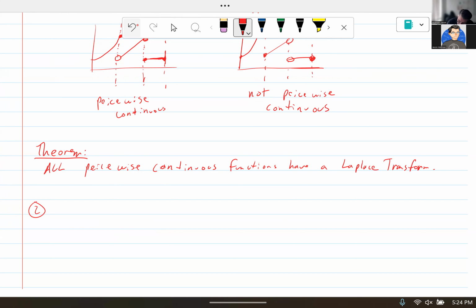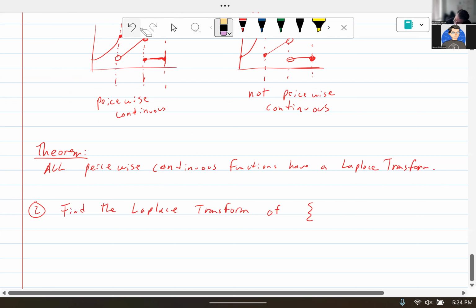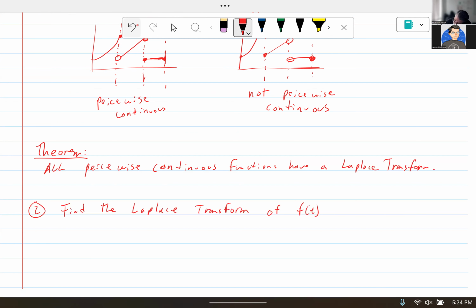Okay, find the Laplace transform of f of t, which is equal to t from 0 to 1, and it equals -1 when t is greater than 1.